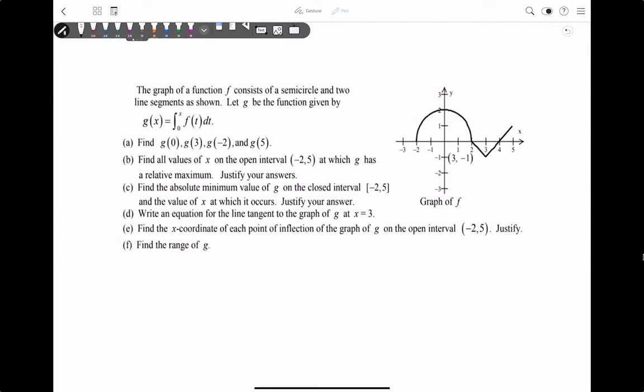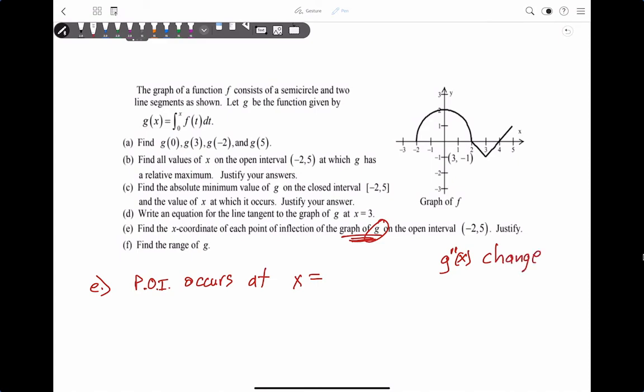Find the x-coordinate of each point of inflection on g from -2 all the way to 5. Per the definition of a point of inflection, it occurs at x equal to where the second derivative changes signs.